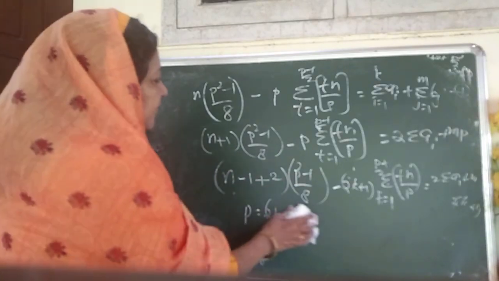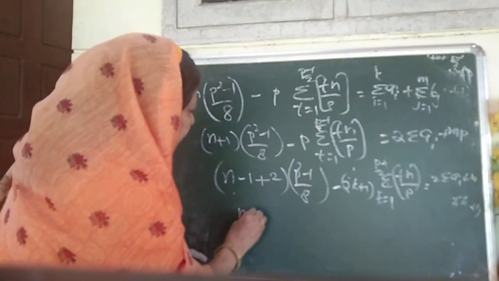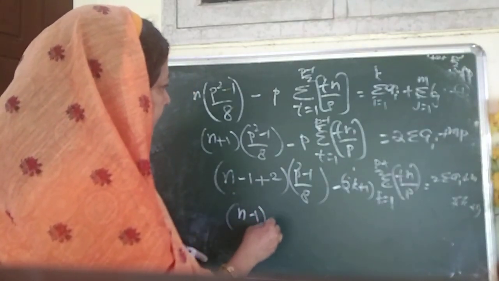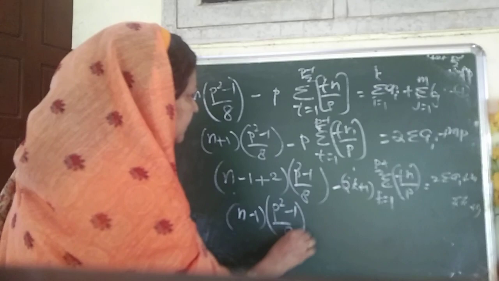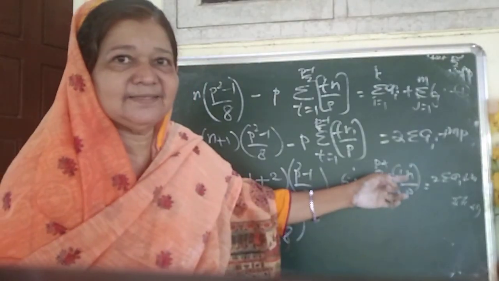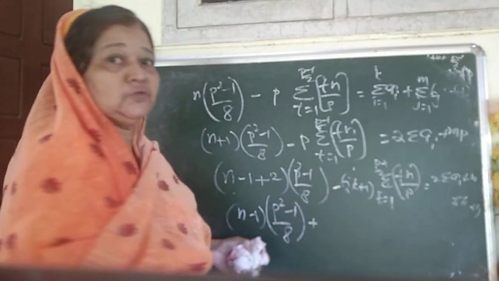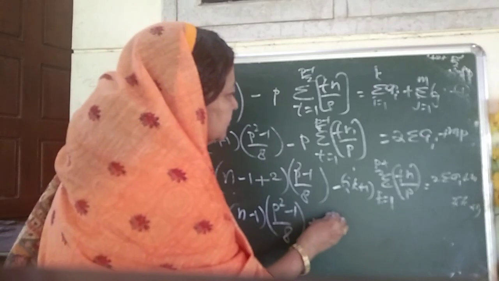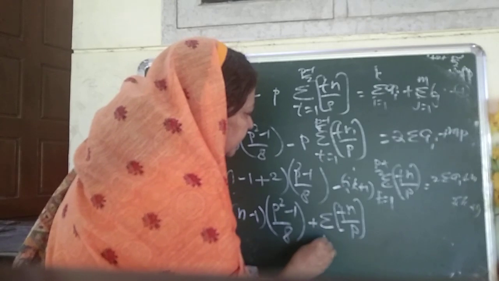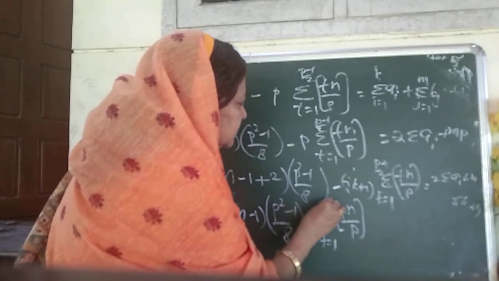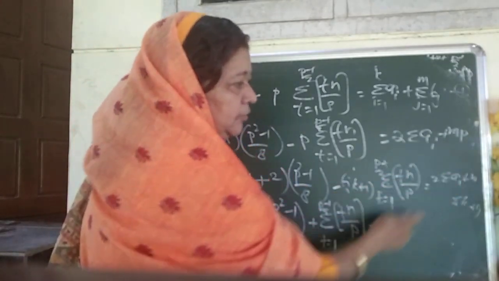Then the remaining is we get n minus 1 into (p square minus 1)/8, 2k into this is cancelled, multiple of 2. Then only minus of that is also plus. We know minus 1 in Z2 is plus 1. So it is sigma [tn/p], t equal to 1 to (p minus 1)/2, equal to multiple of 2 plus 2k into m also m.